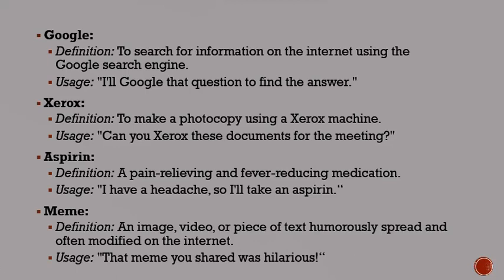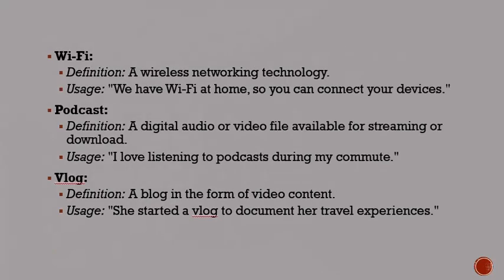And now meme. We all are familiar with this word. It is an image, video, or piece of text humorously spread and often modified on the internet. That meme you shared was hilarious. So we are introducing a new word to the linguistic area. And now Wi-Fi, a wireless networking technology. We have Wi-Fi at home, and we use it as we have introduced it into the language.